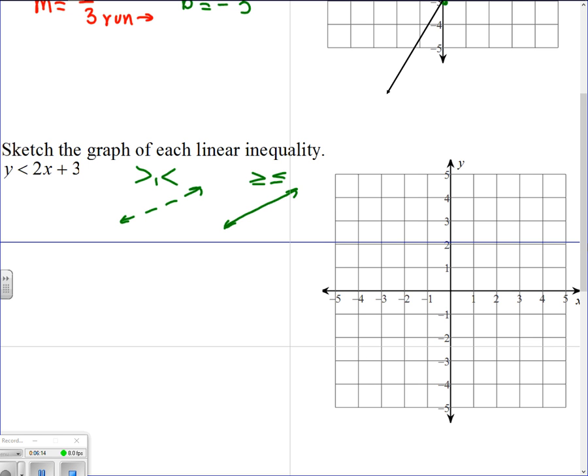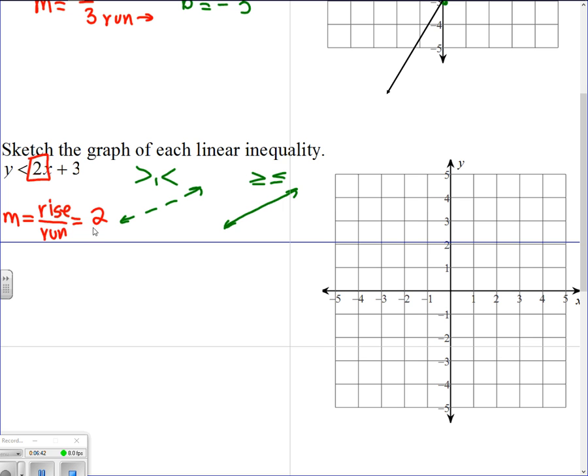So let me find the m. This is my m. Remember, that is the rise over the run. So my m is 2. Ideally I would like the m to be a fraction.